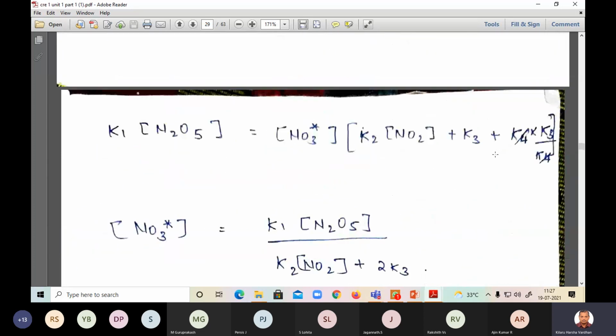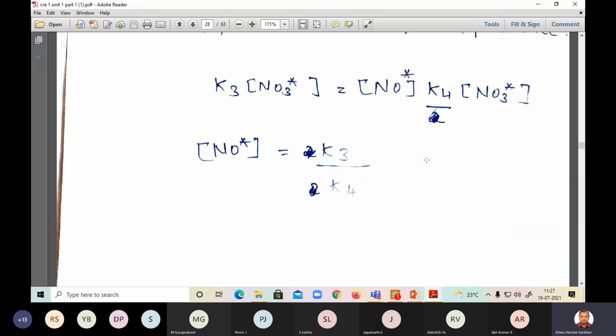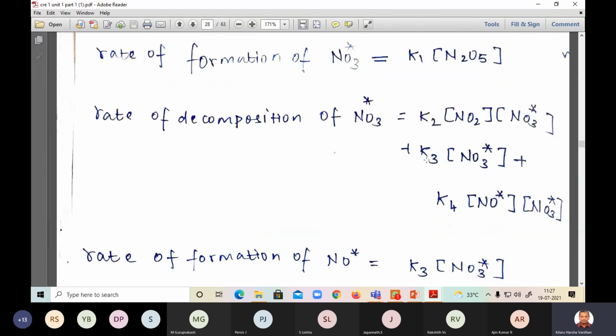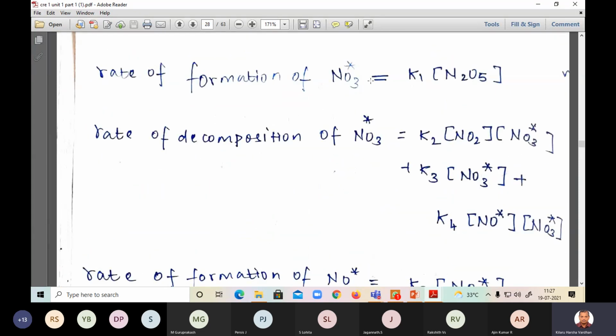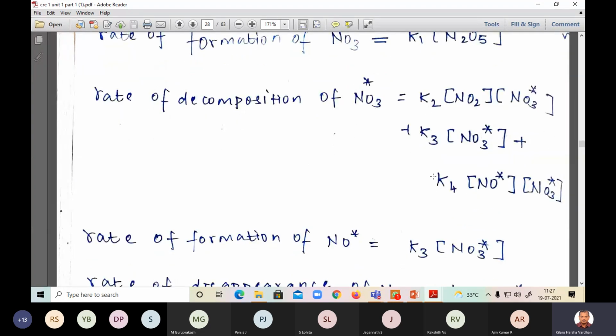That intermediate can be eliminated by writing the appearance and disappearance, the rate of formation of NO3. NO3 is formed in the K1 step, and where it disappears, it will be in 2 steps, in fact 3 steps: the K2 step, the K3 step, the K4 step.